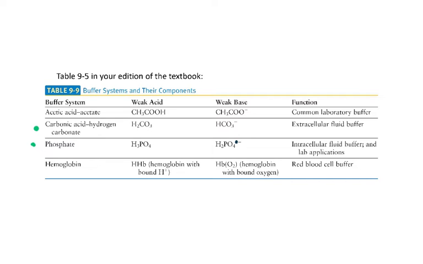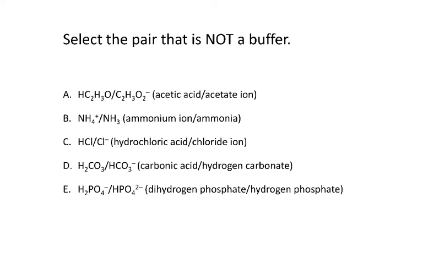Yeah, is intracellular buffer fluid. And then hemoglobin is also a buffer system, which the red blood cells use. Okay, so really, the big key here is that it's a weak acid and its conjugate base. And we know the difference between these is an H+. With that in mind, here's your first check question.